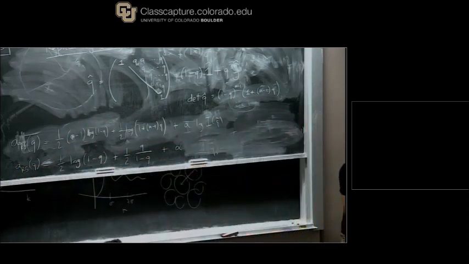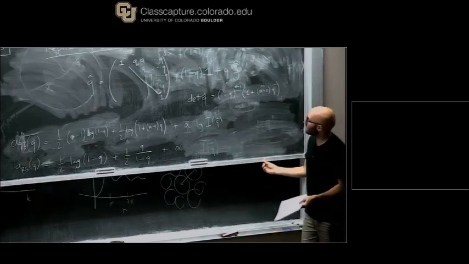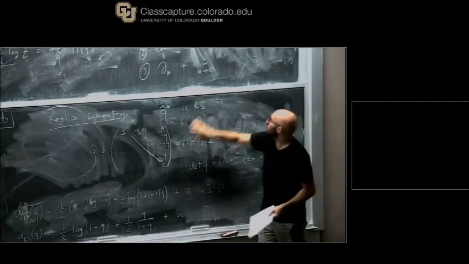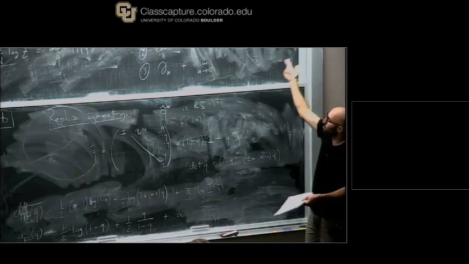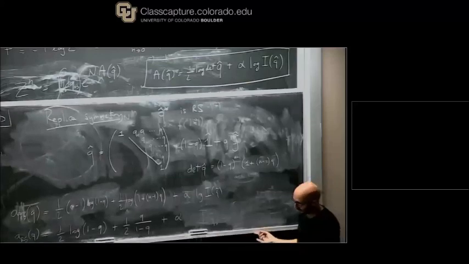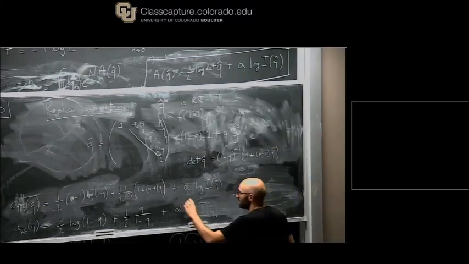I will not have time to do the calculation of this, but you can do it. If you take this structure for the matrix q, you put it into the expression of the function I of q that I gave you before, and you work a little bit. This is really tedious, so I will not do it. And you get to this form.